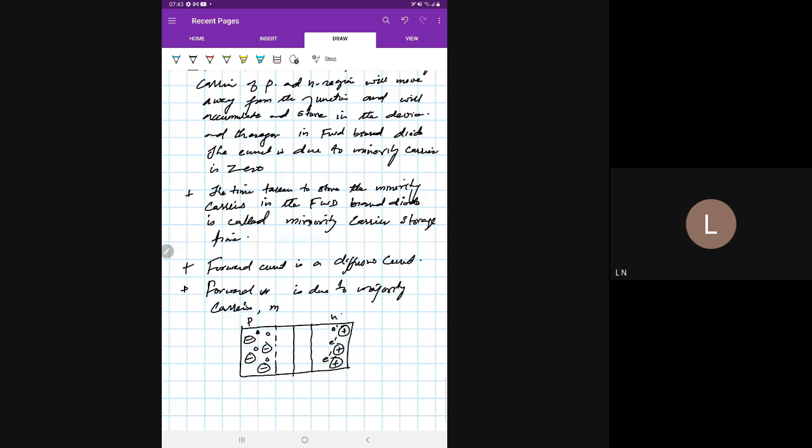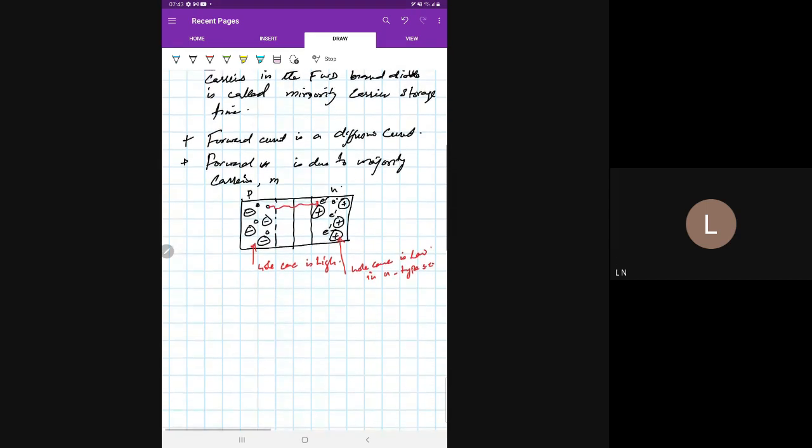We know that these majority carriers will diffuse, they will move from this region to this region, because the hole concentration is high in the P region, whereas the hole concentration is low in N-type semiconductor. So once the built-in potential is overcome, these holes will move from higher concentration to lower concentration. Therefore, the current will be due to diffusion.